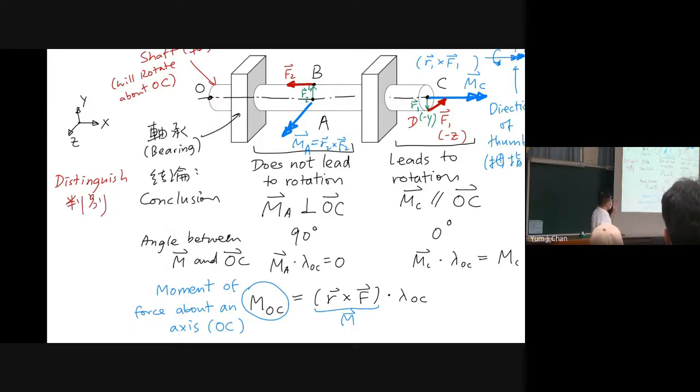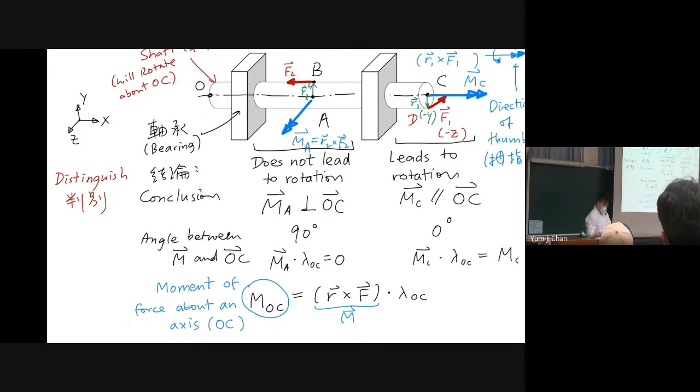To distinguish them, we use the dot product of the moment vector and the unit vector along the rotation axis of the shaft. We are carrying out the dot product between the moment vector and the unit vector along this rotation axis.